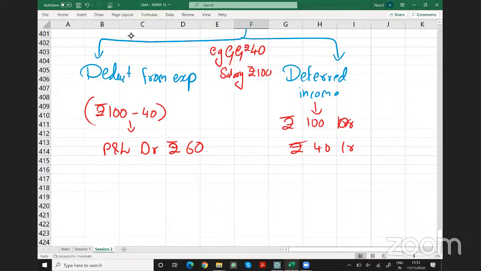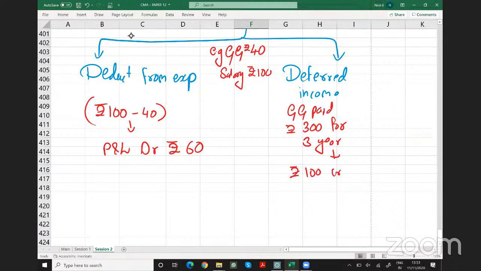So I will credit my profit and loss account with rupees 100 every year. Government paid rupees 300 for 3 years. So basically, rupees 100 should be credited every year.